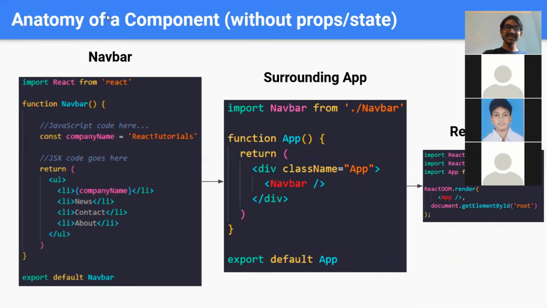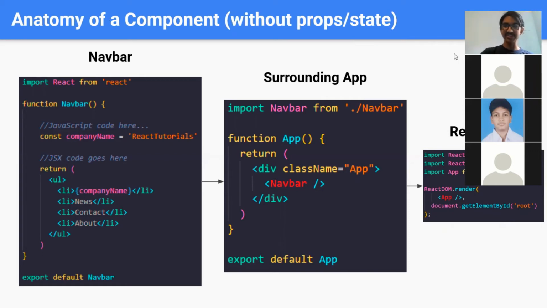It's a really similar concept in React too, but instead of calling a function like you normally would in JavaScript, you write it as if it's an HTML element. So you can see here, I have the navbar that I've defined, and then I'm calling it in the larger app component as well. So app is the parent component, navbar is the child component, and then app takes the navbar file that's written and renders it on the screen right here. So that's how the app works.